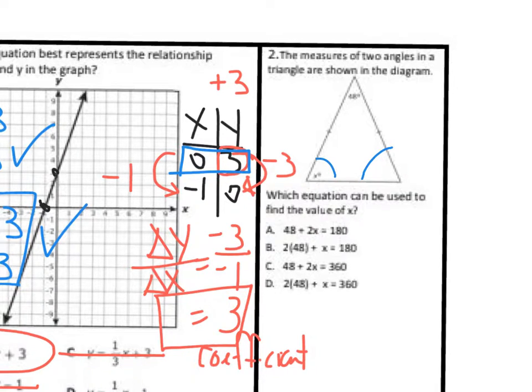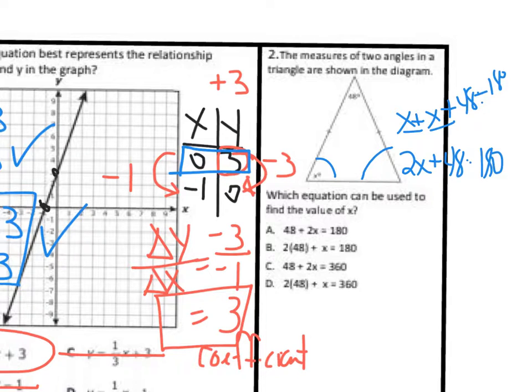So that means I have to have x plus x plus 48 equals 180. So when I combine like terms, that's going to be 2x plus 48 equals 180. And this is what we did on Friday.